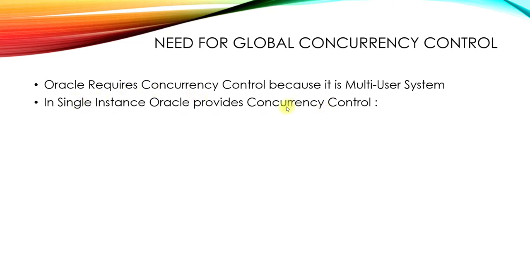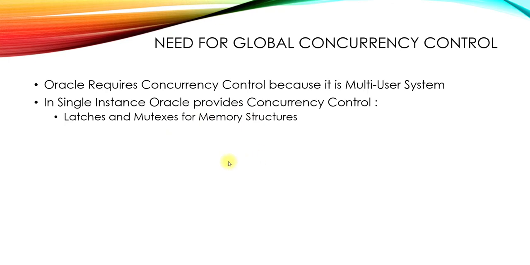In the single instance, Oracle provides the concurrency control that we know using the locks, latches and mutexes. Now latches and mutexes protect the internal structure of the memory, the internal structure being the linked list.